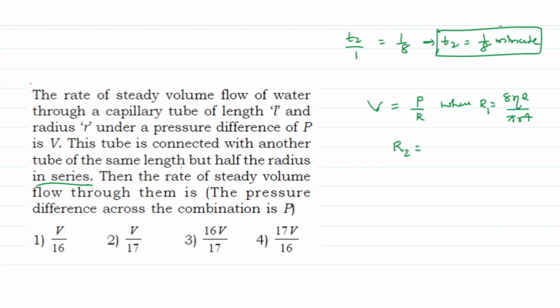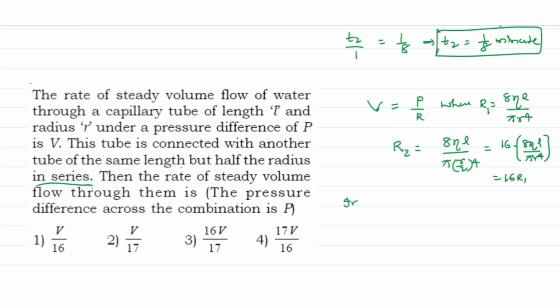When the radius is half, the resistance is 8 eta into L by pi into R by 2 whole to the power 4, which is nothing but 16 times 8 eta into L by pi R to the power 4. So we get 16 times R1.